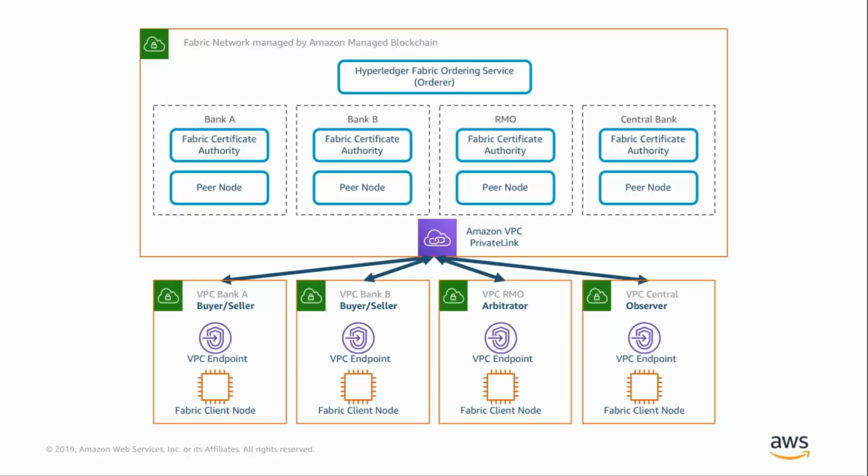These would all be different members in your network. Each of those members would have their own certificate authority, and they would have their own peer nodes. Inside each of their AWS accounts, they would be running their own Fabric client nodes and connecting to their own members, able to administer and manage the network and also invoke transactions and query the ledgers from their own client nodes.